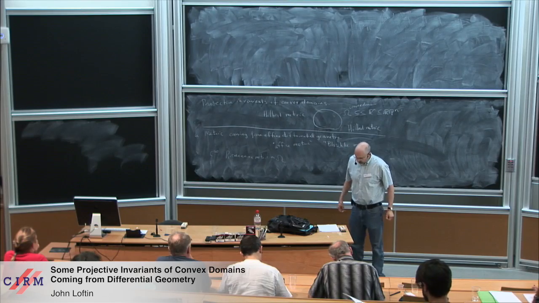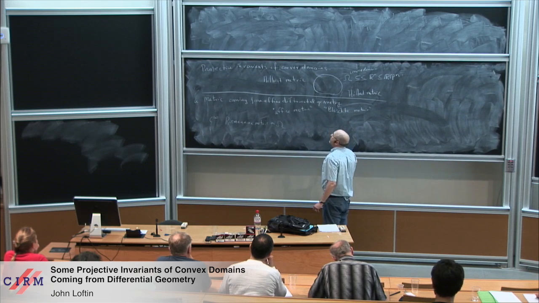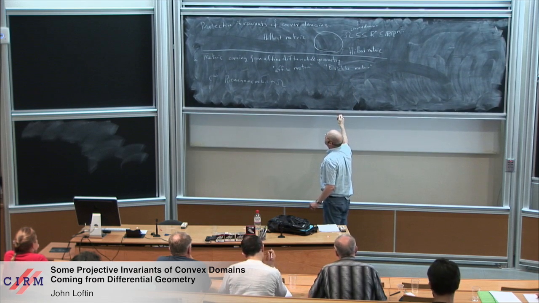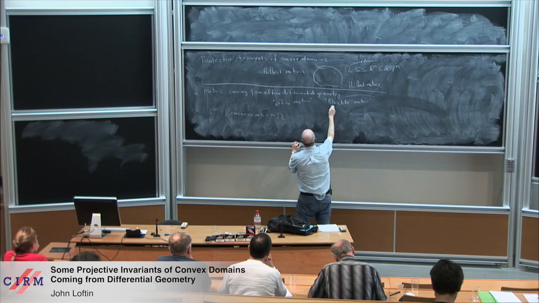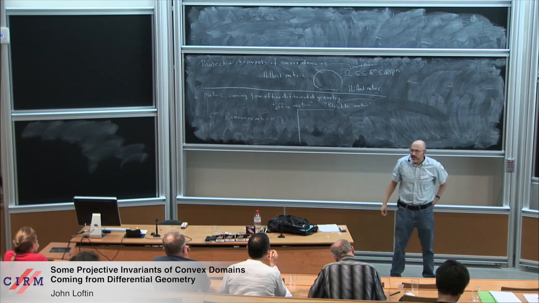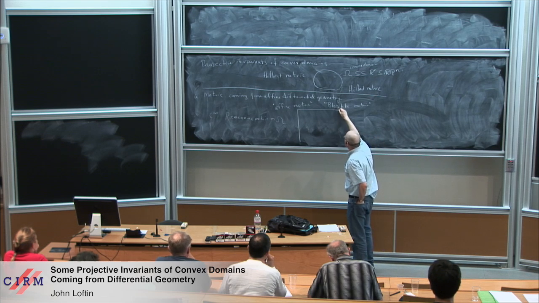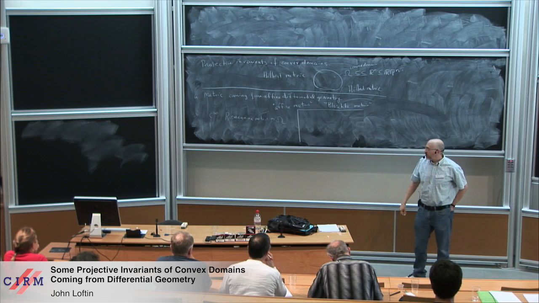I'll give a quick definition of this to start out, and depending on how much time there is, or if there are questions, I can give a different definition later once we have a little more machinery.